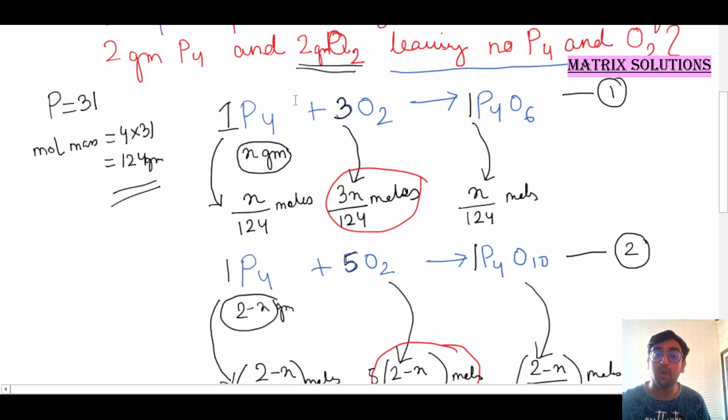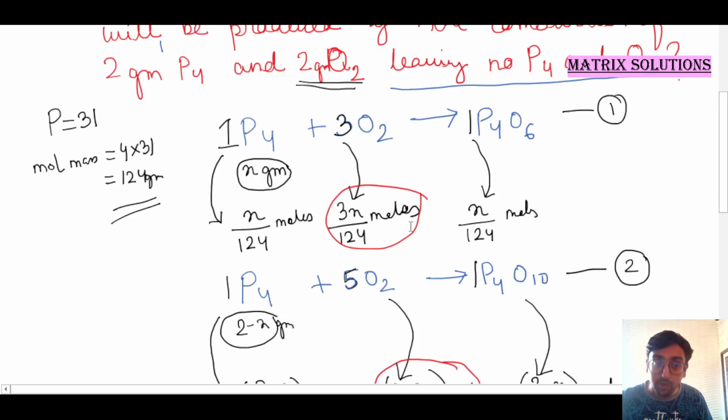So reaction 1 is happening in higher amount. 2 minus 1.125 is basically 0.875. So the first reaction is 1.125 and the second reaction is 0.875.